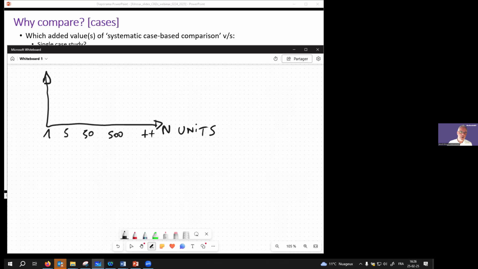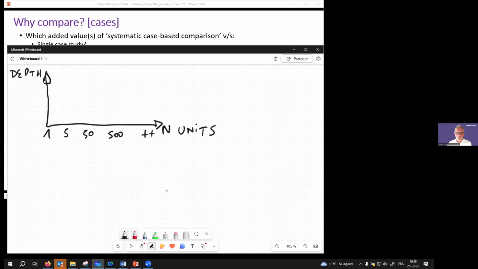And then you have the second axis, which is the depth of knowledge on each and every one of the cases. How much information do you have? How much understanding do you have for each one of the units? Charles Ragin, my fellow friend and colleague, would say, how much intimacy do you have with each one of the cases, potentially?